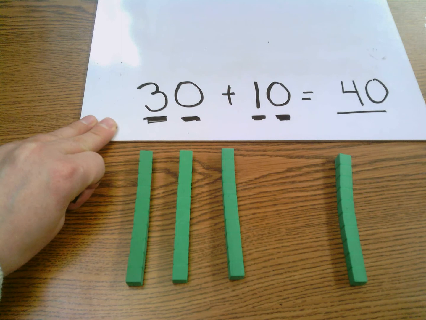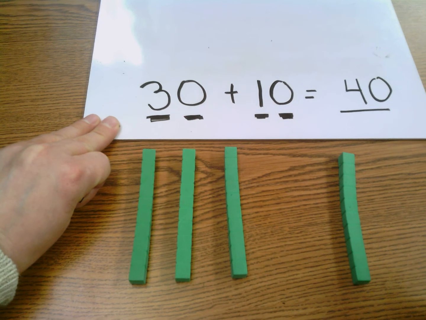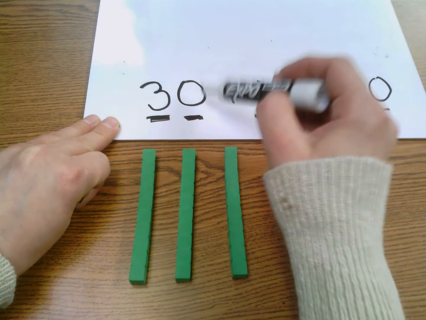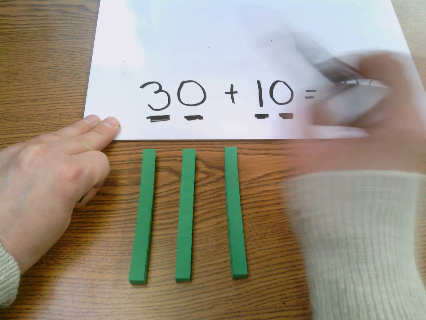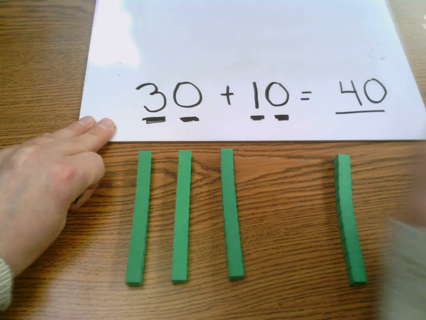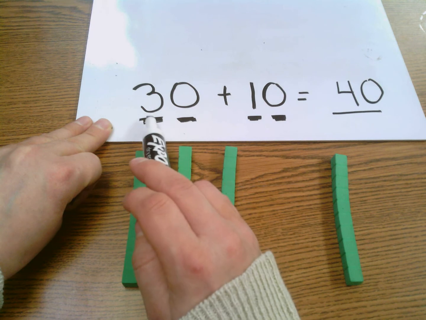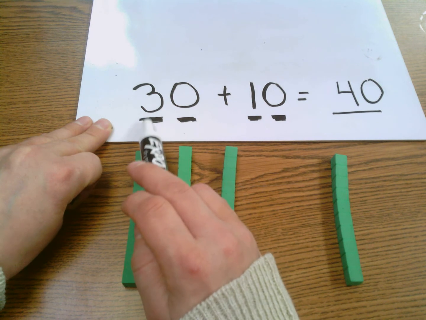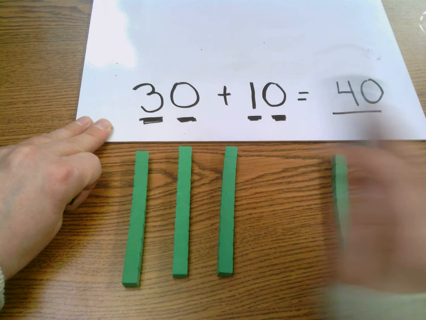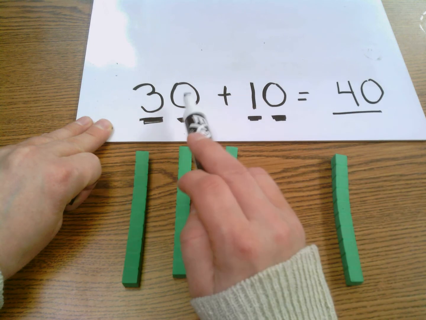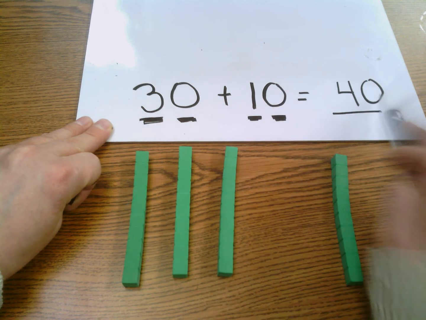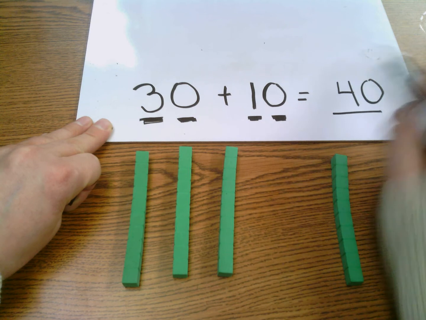Decade numbers are every 10. They're the numbers that we say when we count by tens. When there's a 0 in the ones place and we're adding two-digit numbers together, all you really have to look at is the number in the tens place. So 3 plus 1 is 4, and 0 plus 0 is 0. So the answer is 40.